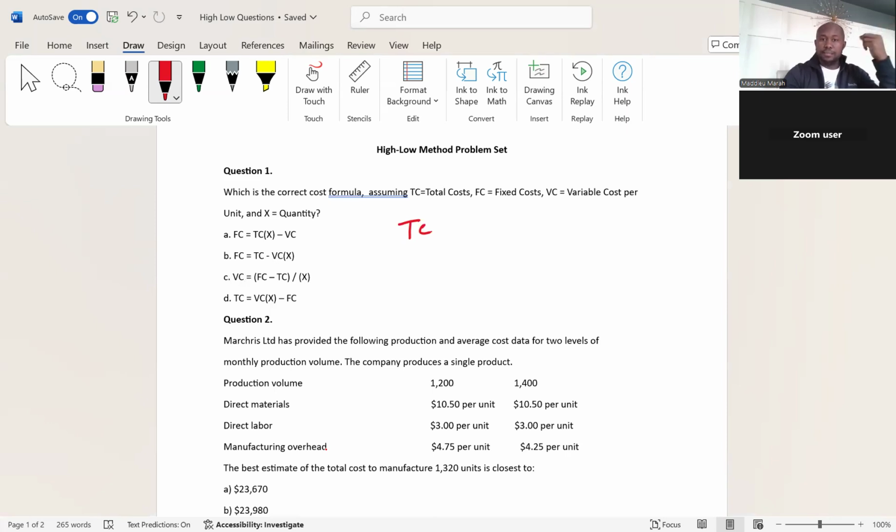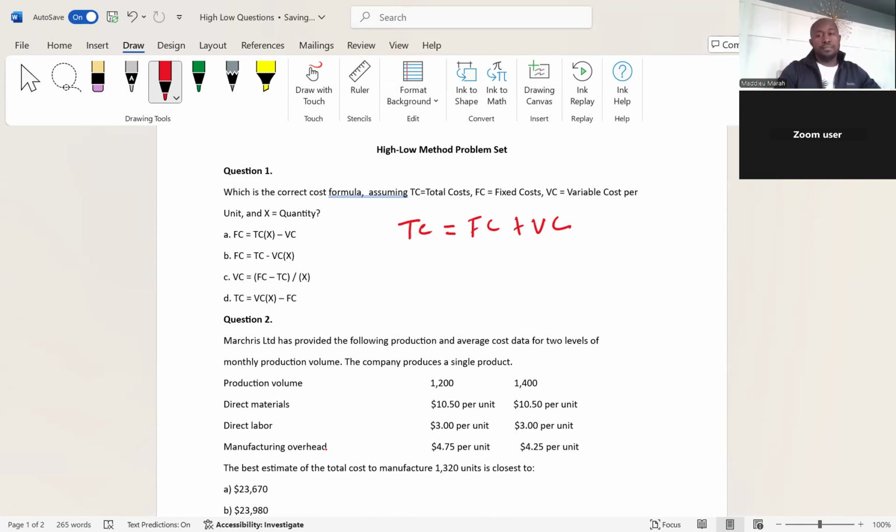And X is the quantity. We know from our previous examples with the high-low method that total cost is equal to fixed cost plus variable cost.